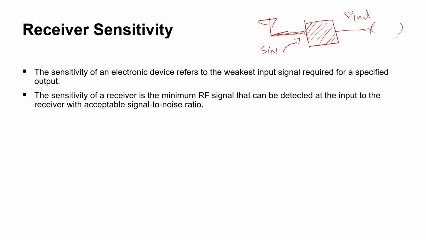So receiver sensitivity is generally defined as the power at the input here, not at the output of the receiver, because the receiver also has its own noise figure, its own equivalent noise temperature, its own intermodulation distortion products, and it has a definition of power of third order intercept point.